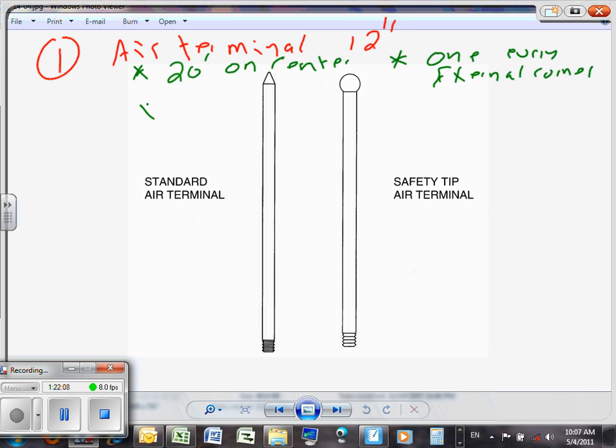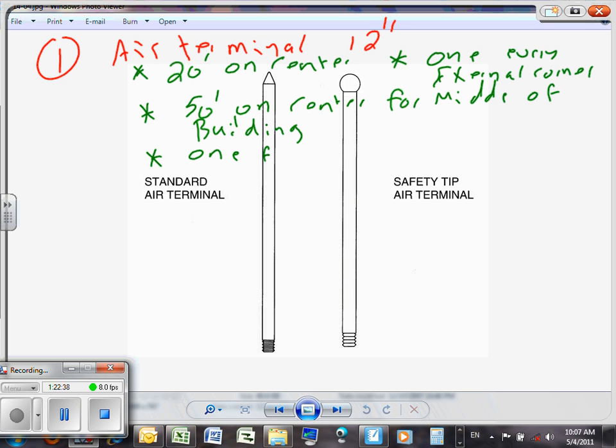And also 50 feet on center for the middle of the building. The first one, the 20 on the perimeter, and that one for the middle of the building. That's it. Done. The last one is one for each piece of mechanical equipment.